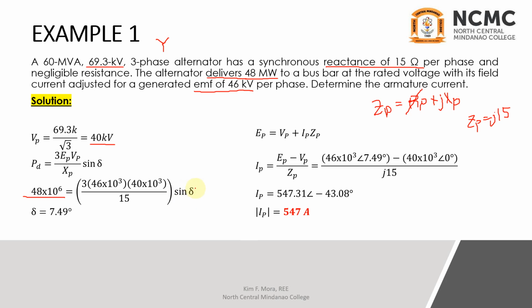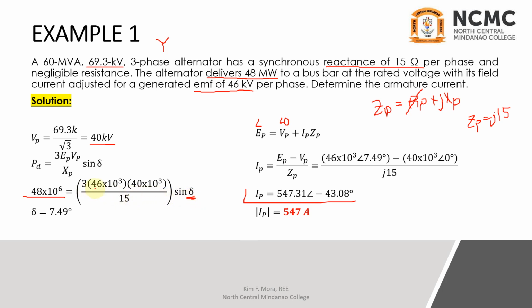What we are looking for is the angle. Because for our VP, the angle is automatically 0, but the angle of EP is what we need to find, so that we can solve for IP, or the phase current. So our unknown here is the angle.